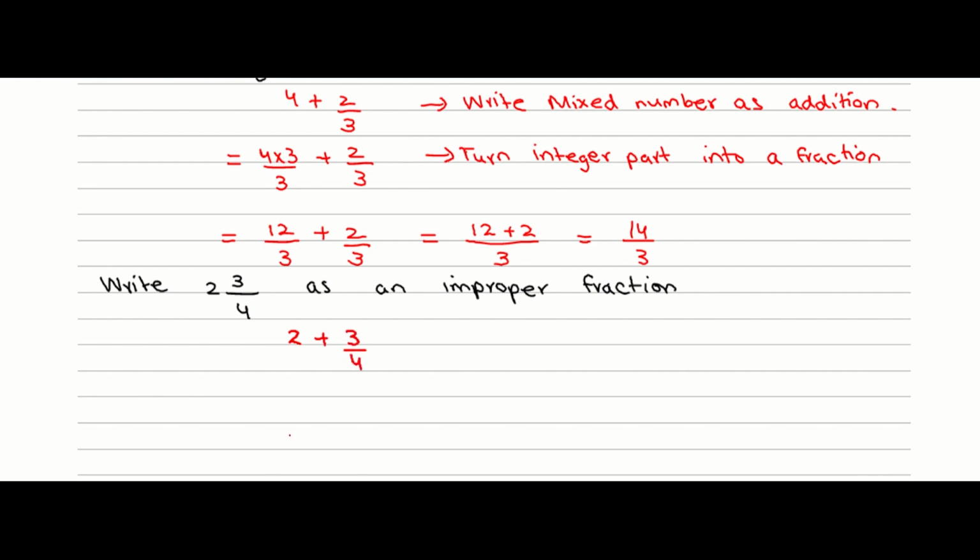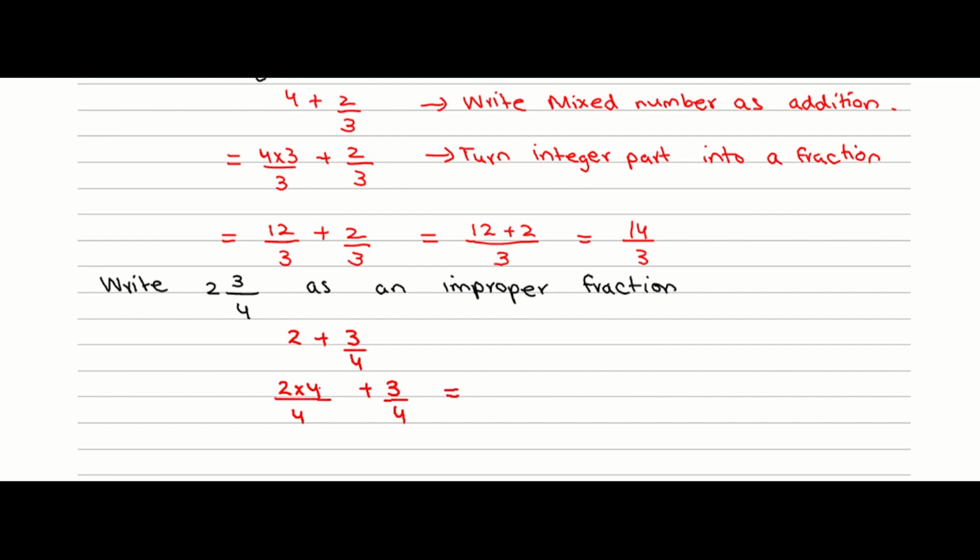Now we are going to change our integer into a fraction, and we can do that by multiplying and dividing it by 4. So 2 times 4 divided by 4, because we have 4 here and we need to make the denominator the same. Plus 3 over 4.